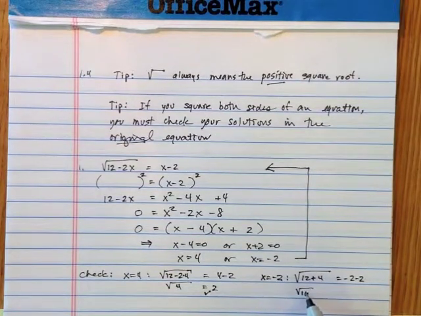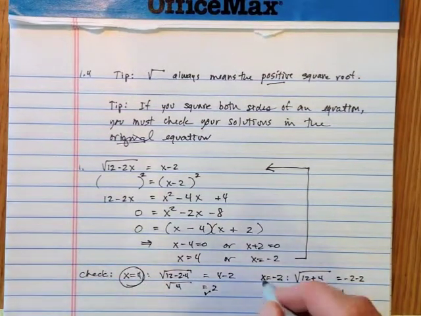That's the square root of 16 is negative 4. Well, 16 has 2 square roots, but that symbol means the positive square root of 16. So this is false. The square root of 16 isn't negative 4. The only solution is x equals 4.